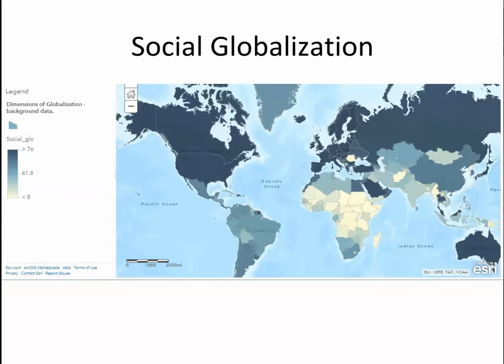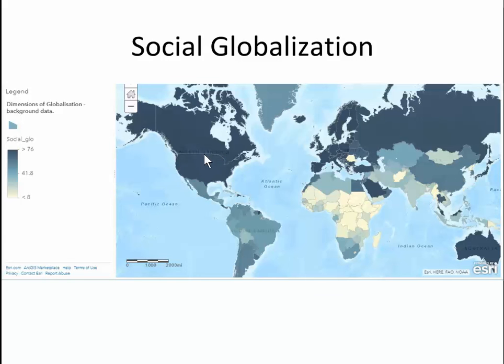Now lastly, we can look at social globalization. An easy way to think about this is how culture is transferred between areas. How much of other cultures has a society adopted, and how much of their culture have they exported? And you can imagine things like music, art, movies, as part of what we would call the social globalization index.